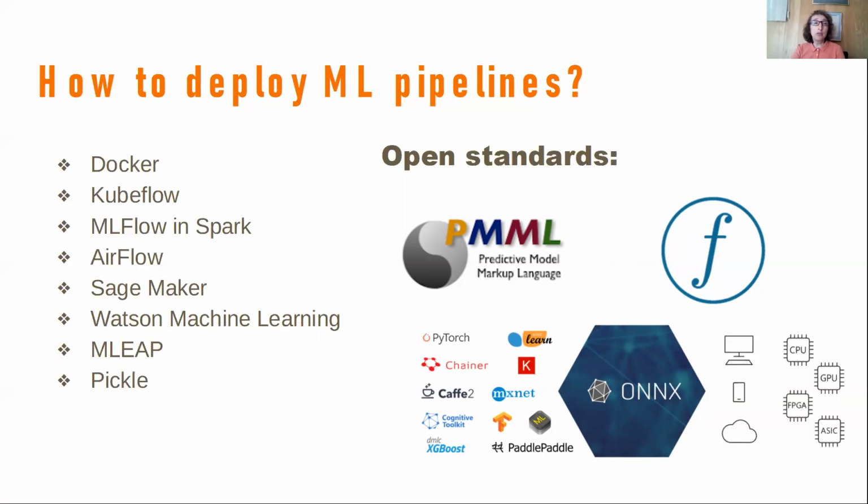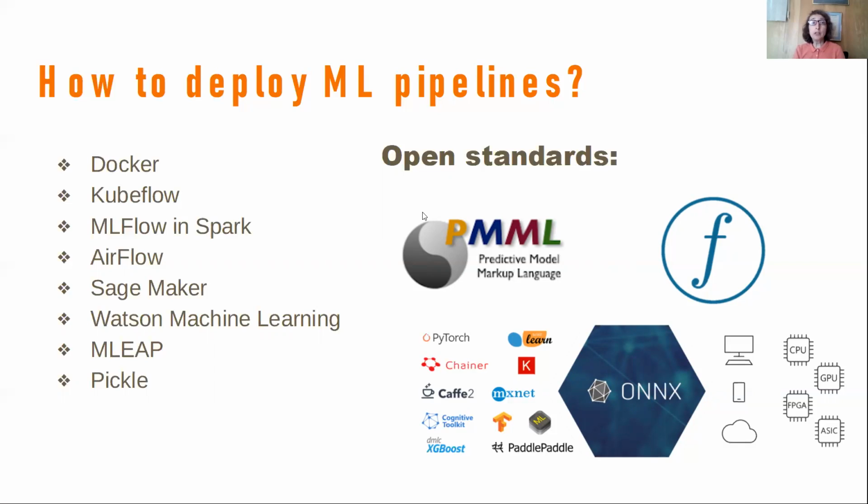There are also several different frameworks that basically allow you to build models and then deploy in the same framework. But what if you have different frameworks in use by those people who are creating the models and those people who are deploying the models into production? Because this is often done by different teams. In that case, open standards may be a good way to deploy models.